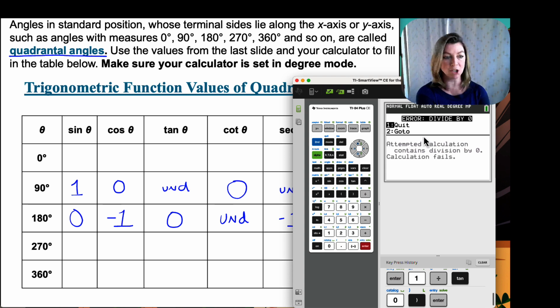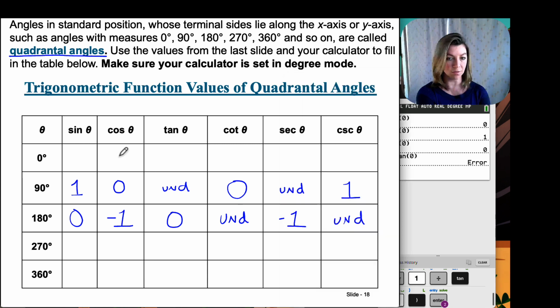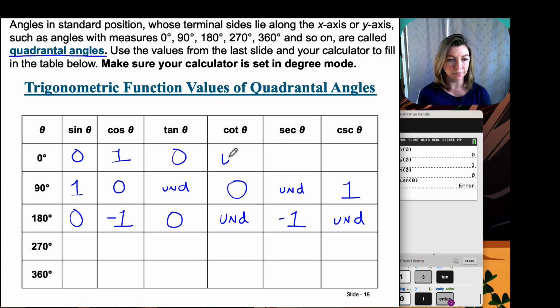It means that cotangent of 0 degrees is undefined. Okay, so I'm going to hit quit by just hitting enter. And that error right there, I know means undefined. Okay, so I've got the first 4. 0, 1, 0, undefined. And let me just write those in so I don't cover them up.